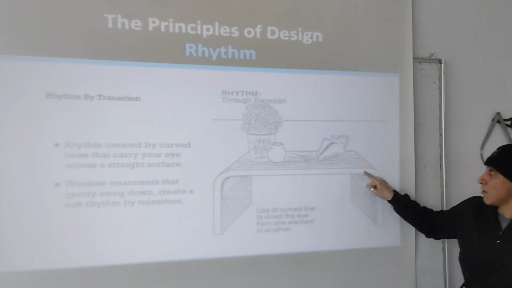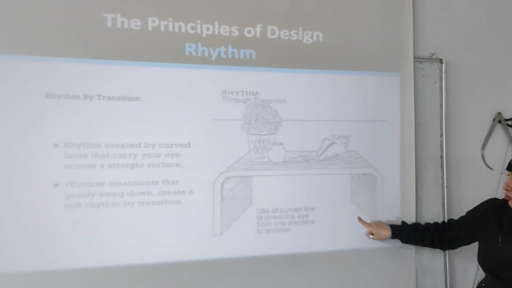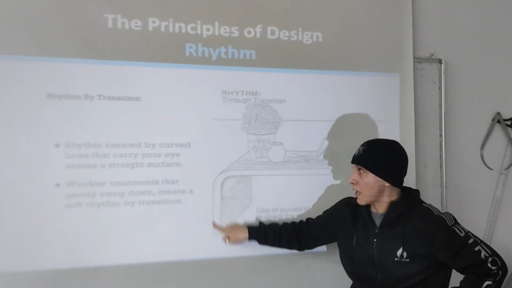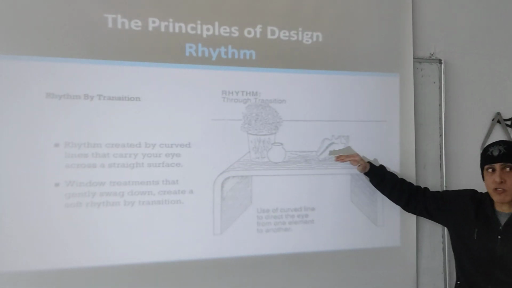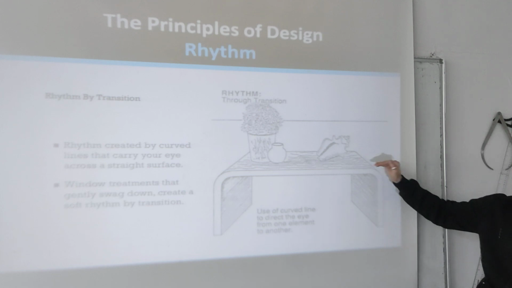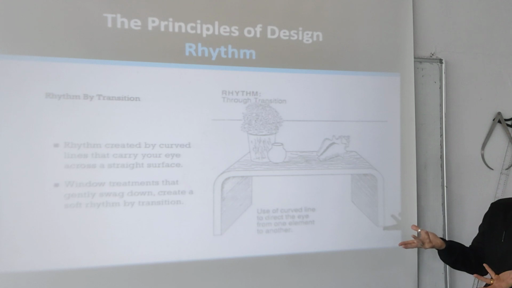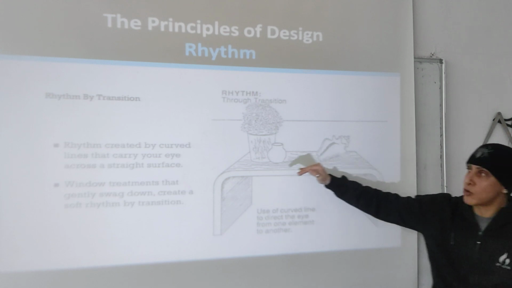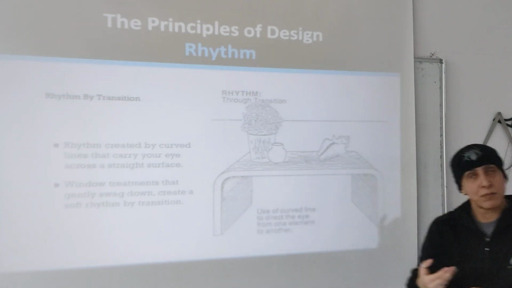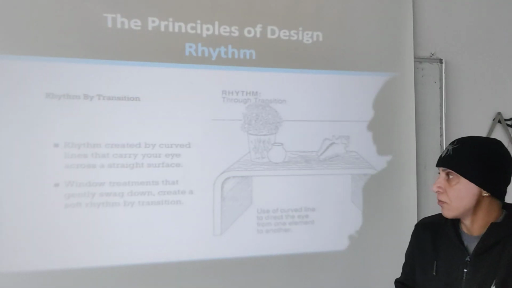This curve is repeated here. Okay? This shape is repeated here. So we have repetition and we have some change. Some of them longer, some of them shorter, but we have straight curves repeated. So there is a repetition in a way, but our eyes also go smoothly from one part to another, so we have rhythm by transition here.